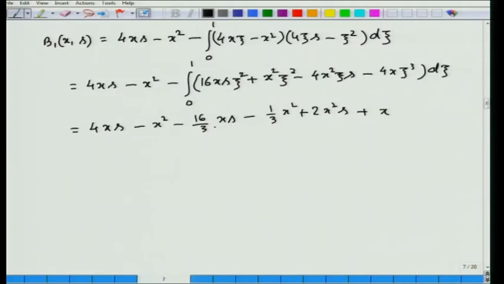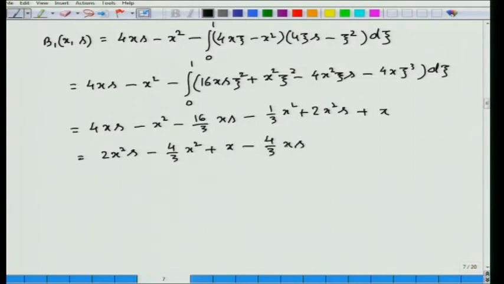From the next term, half into 4 x square s, so minus with the minus combined gives plus 2 x square s, and finally 4x by 4, so this will be plus x. After rearranging the terms and simplification, you will have 2 x square s minus 4 by 3 x square plus x minus 4 by 3 xs.